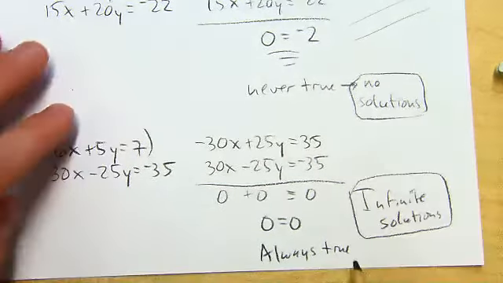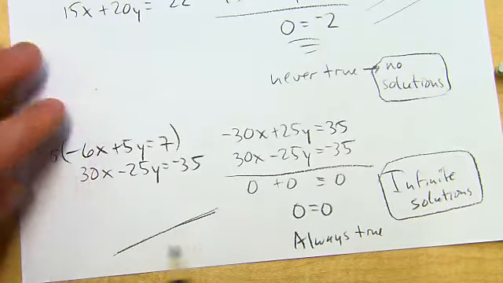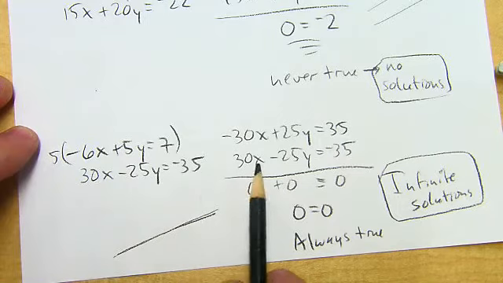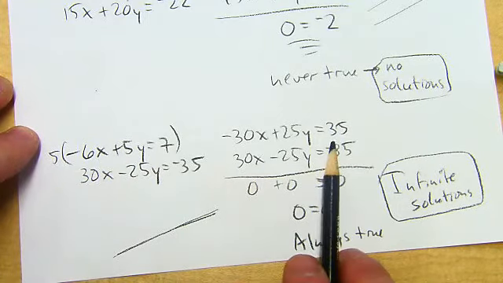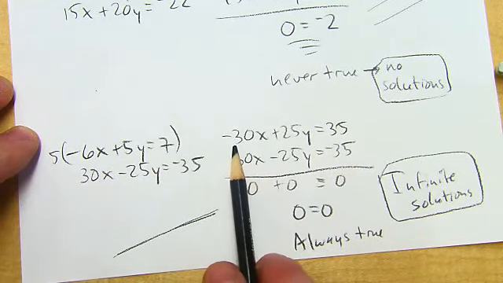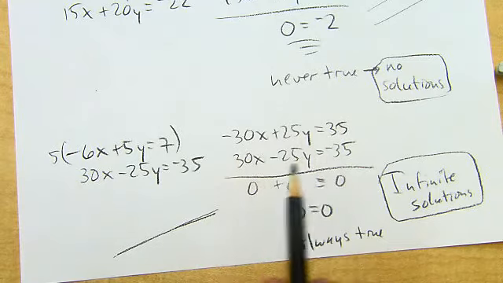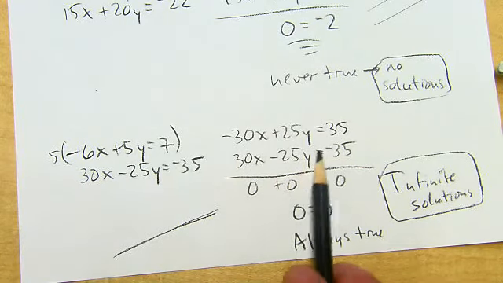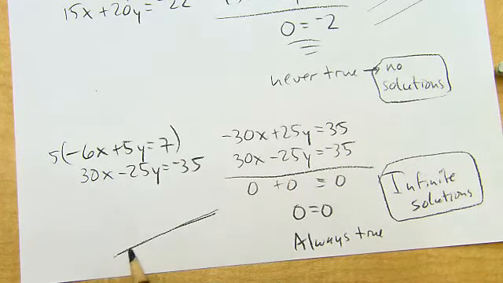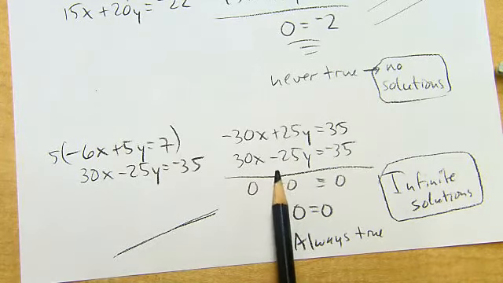What's that mean graphically? Well, these 2 lines are actually the exact same line. Even though they didn't look like it originally, once I multiplied this by 5, you could see they're really the same line. If I would multiply this one by negative 1, it would be the same line as this one. So if you would graph these out, solve them for y and graph them, they actually would be the exact same equation, even though they do look like negatives of each other.